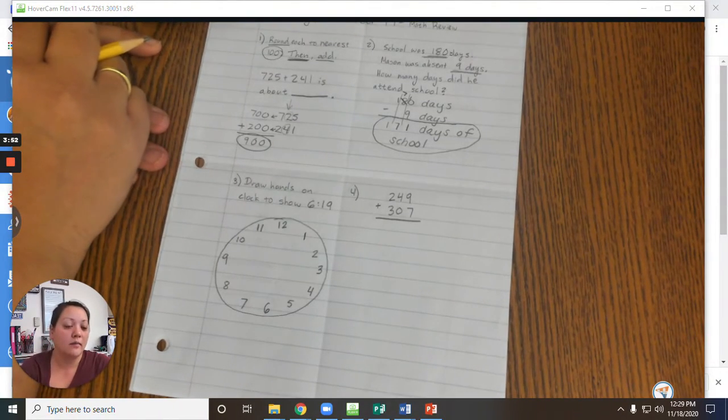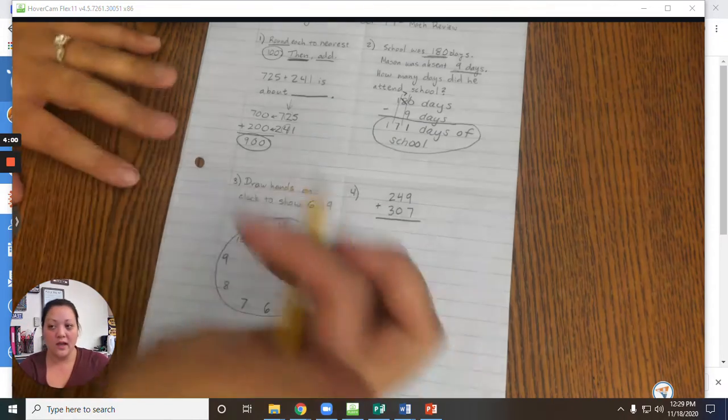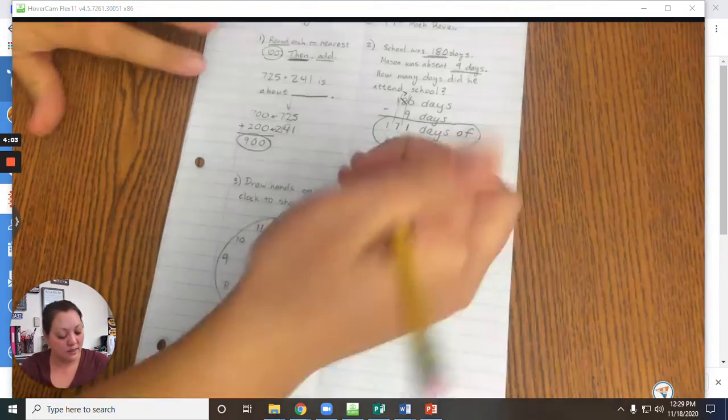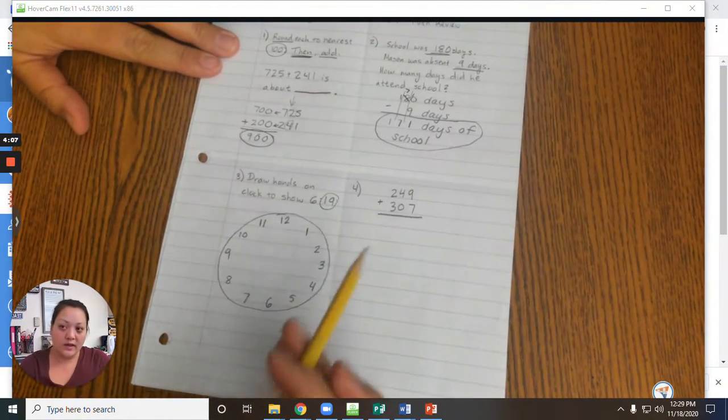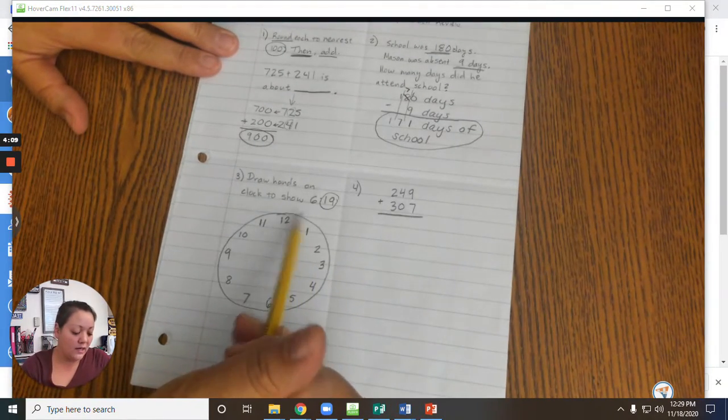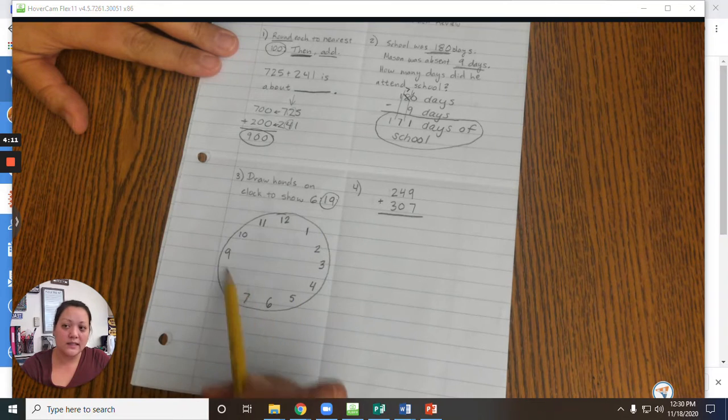Now, this question is asking you to draw the hands of a clock shown at 6:19. Okay, so I'm going to start a little backwards. I'm actually going to start with the 19 first. So that will help me. So I know that these are minutes, and I don't see a 19.